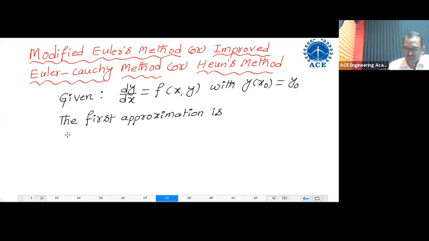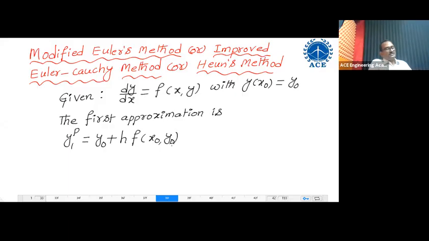The first approximation is y1 power p is equal to y naught plus h f of x naught comma y naught. Modified Euler's method means whatever the solution we get in Euler's method, that should again be modified. What is P?